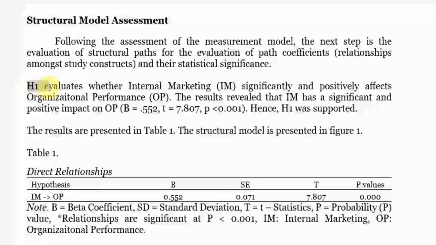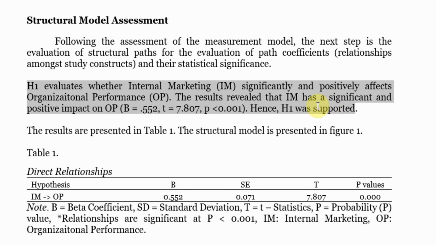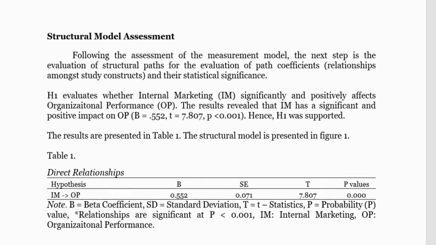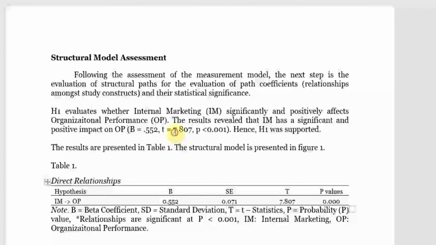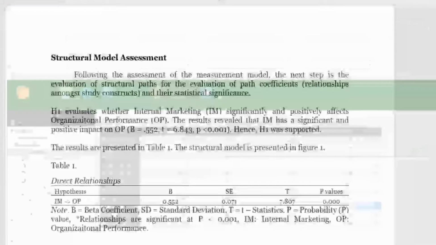Now my H1 is whether internal marketing IM significantly and positively affects organizational performance. The results revealed that IM has a significant and positive impact on OP. Now where is beta, T and P value? Here is beta, here is T and here is P. And let me correct it here as well. It's 521.